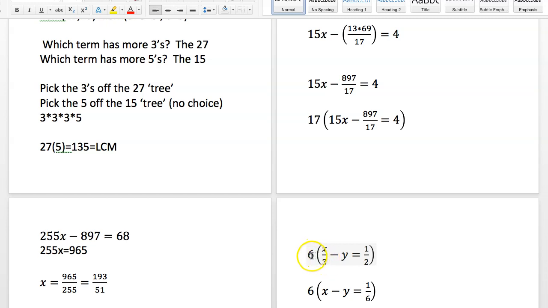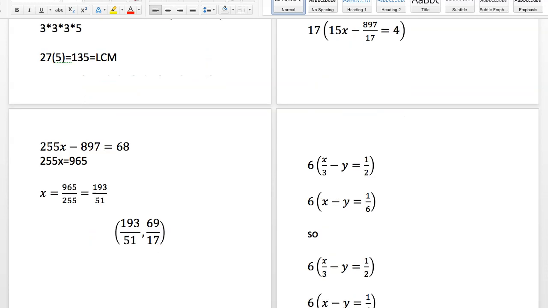There's two things you can do. You can write this as 6x over 3, but what I'd rather do is just 6 divided by 3, and that's 2x.